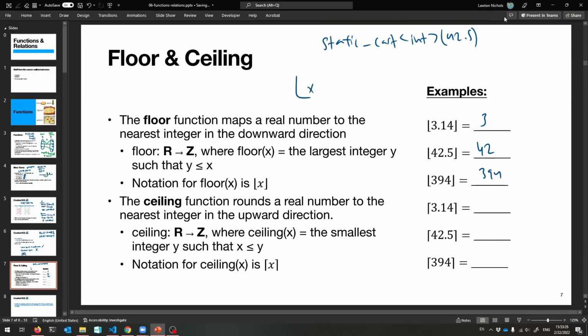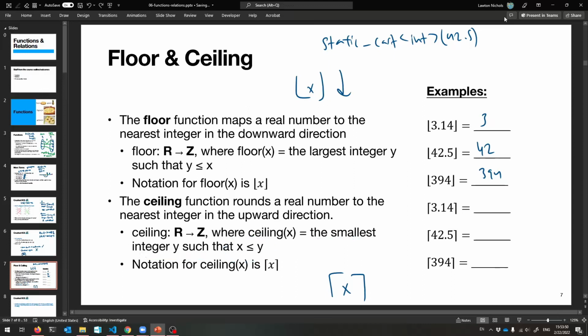So the floor rounds down, and the opposite is called the ceiling. That's the other metaphor. It rounds up. So that's the notation, of course, and it takes the input to the next biggest integer. Okay, so it's defined to be the smallest integer y such that it's greater than or equal to the input x, okay?